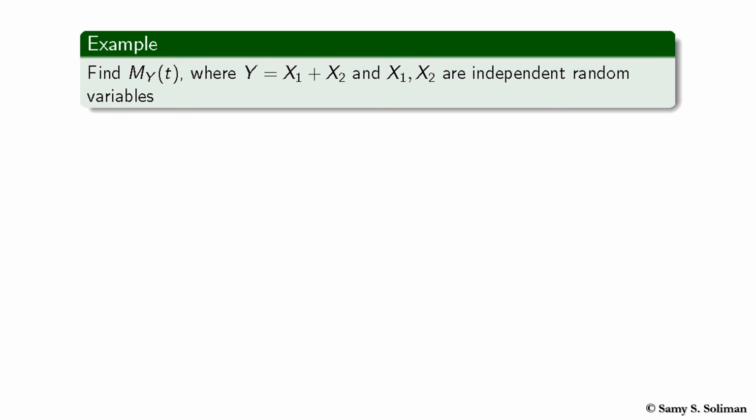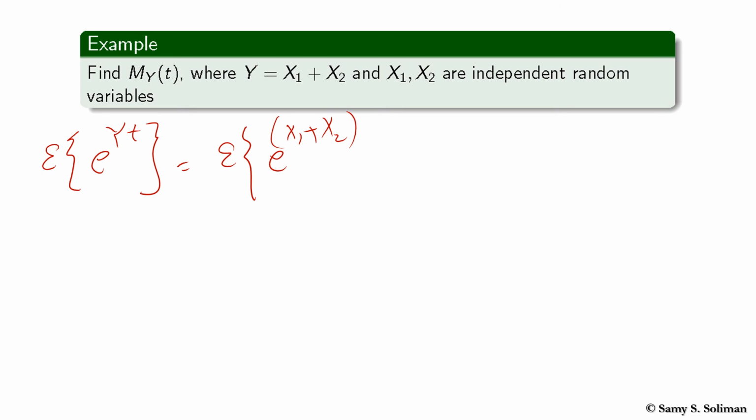Instead, we want to find the moment generating function of x1 plus x2. So that is the expected value of e power yt, which is equal to the expected value of e power (x1 plus x2)t. So that is the expected value of e power x1 t times e power x2 t.